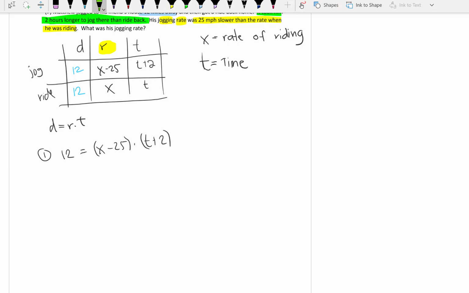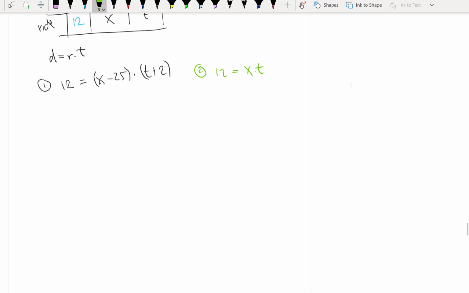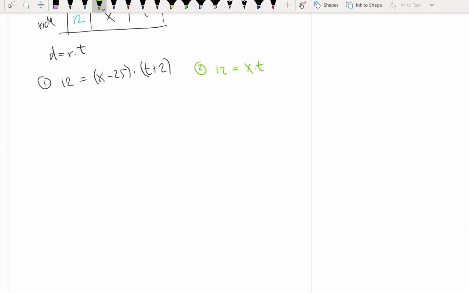And so we can also see from our second equation, our second row, that 12 is equal to x times t, right? Our distance is equal to my rate times my time. So I'm going to isolate one of these variables and do a substitution. Here I'm going to divide both sides by x, so I can get that 12 divided by x is equal to my time.